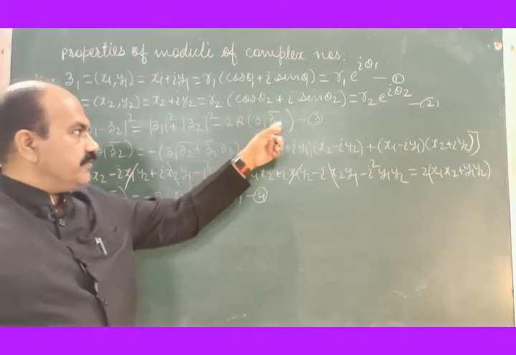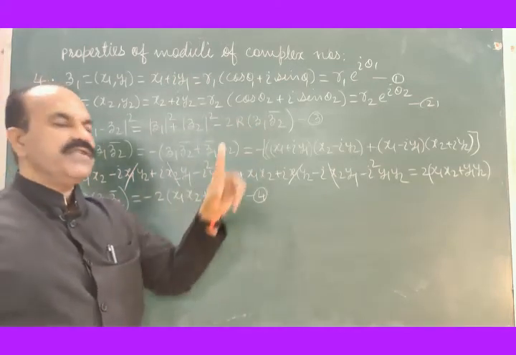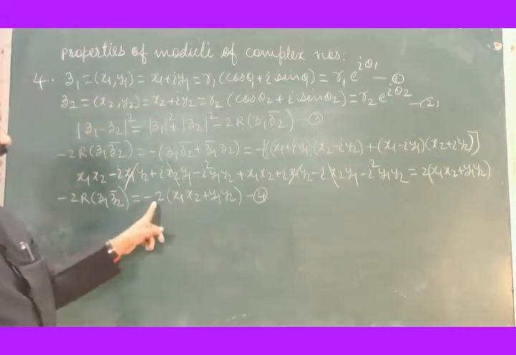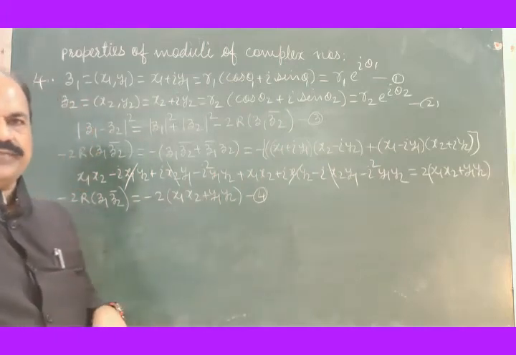So this portion, 2 times r of z1 z2 bar, is this, minus 2 times (x1 x2 plus y1 y2).